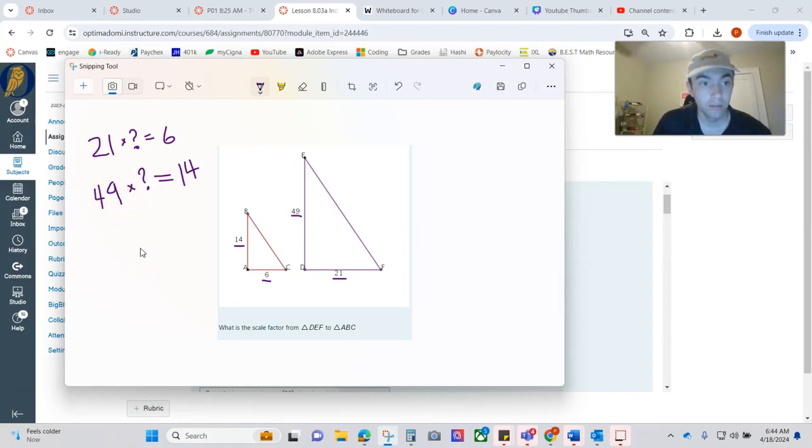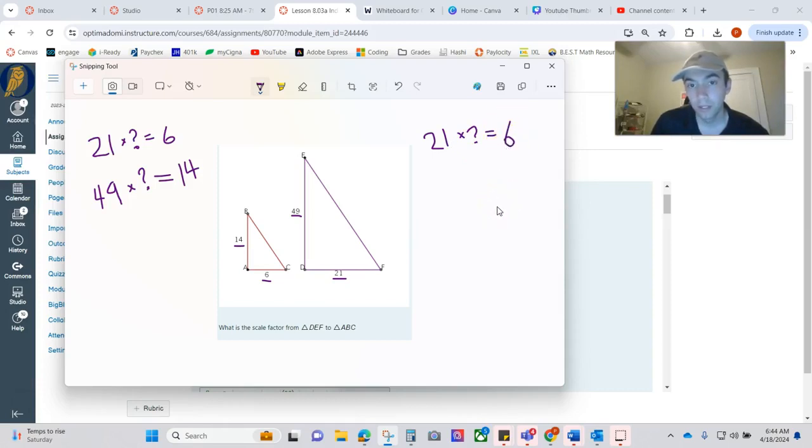So let's try and find what the missing number is for this first question. Start with 21, we end with the 6. What is that missing scale factor? 21 times something equals 6.